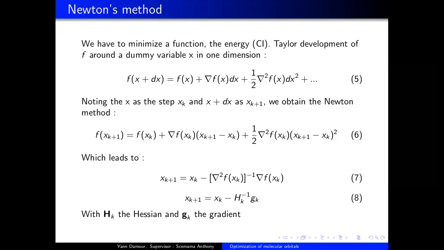So it leads to the next position being equal to the current position minus the Hessian to the power minus 1 multiplied by the gradient.